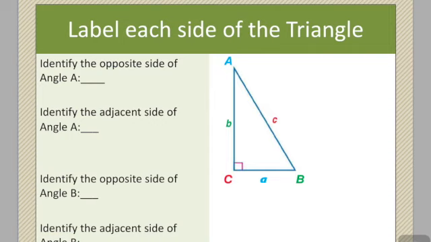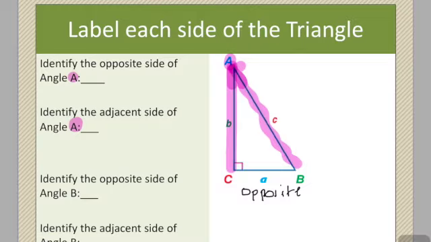In this case, we're looking at angle A. The opposite side is the part of the triangle that does not touch angle A. These are the two sides that touch angle A. The side that does not touch it is going to be side A. So this is going to be the opposite side.